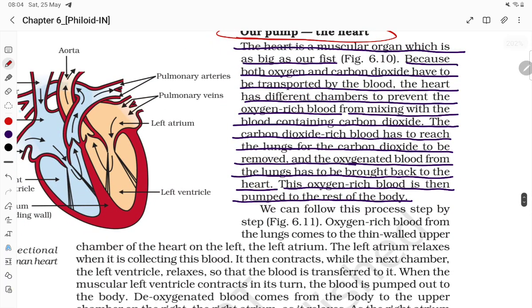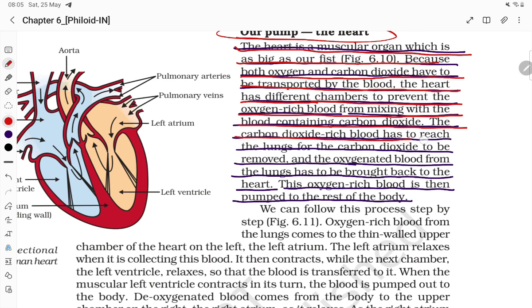So the point they are saying is, student, the heart is a muscular organ which is as big as our fist, because both oxygen and carbon dioxide have to be transported by the blood. The heart has 4 different chambers to prevent the oxygen-rich blood from mixing with the blood containing carbon dioxide.